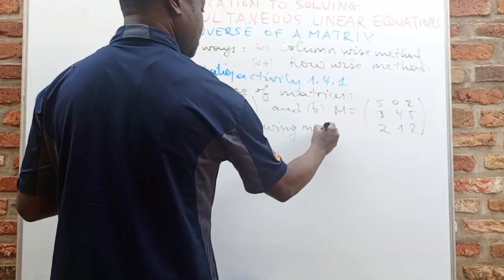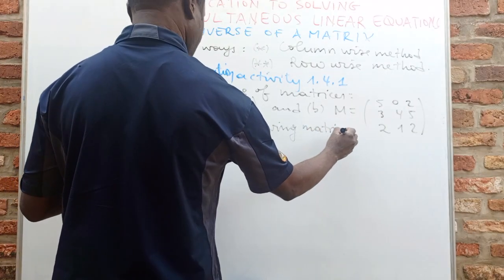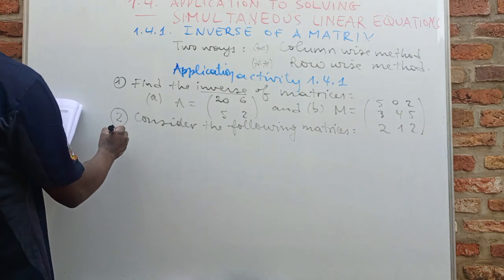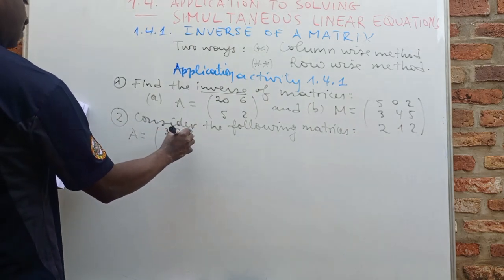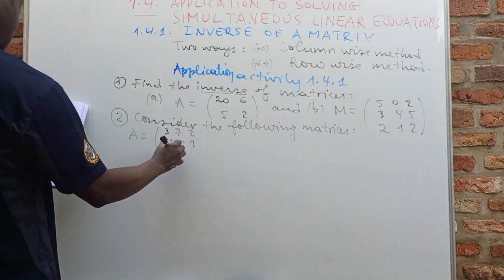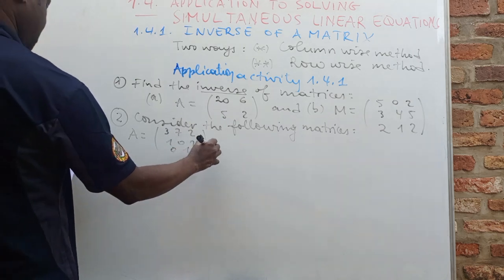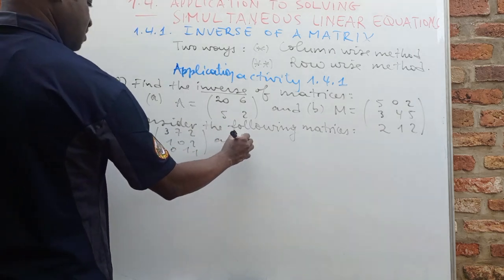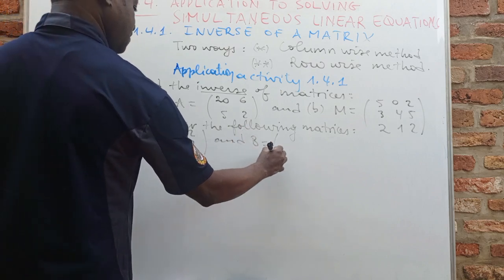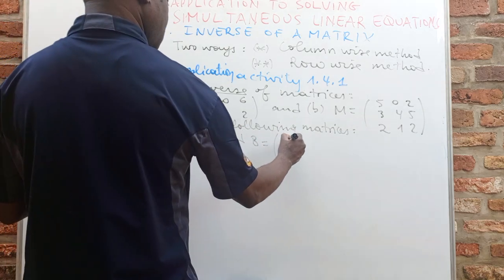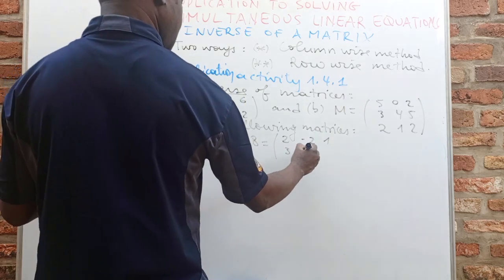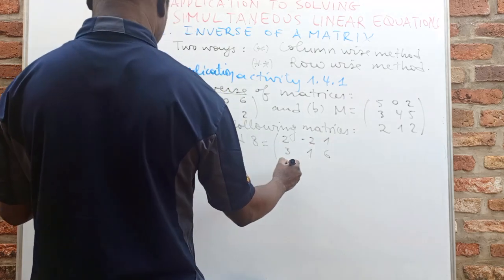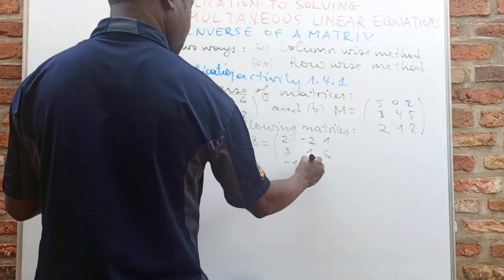Matrix A with coefficients 3, 7, 2, 1, 0, 2, 0, 1, 1, and matrix B with coefficients 2, negative 2, 1, 3, 1, 6, negative 1, 1, 1.